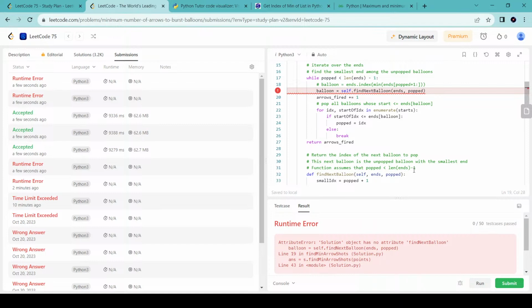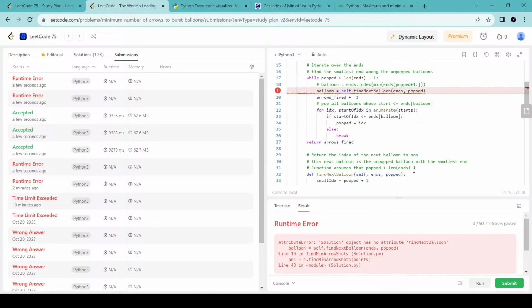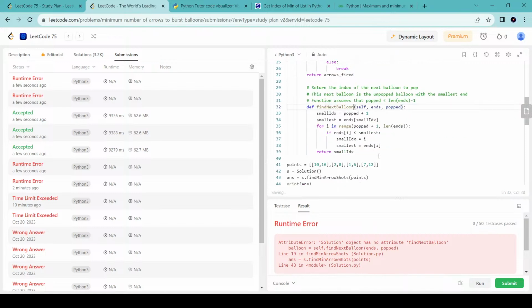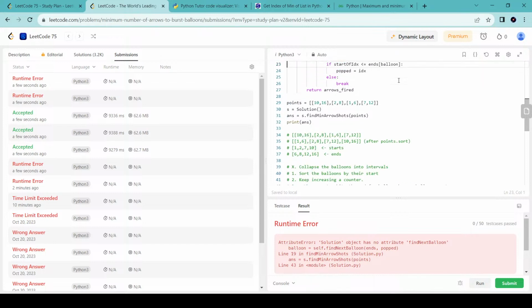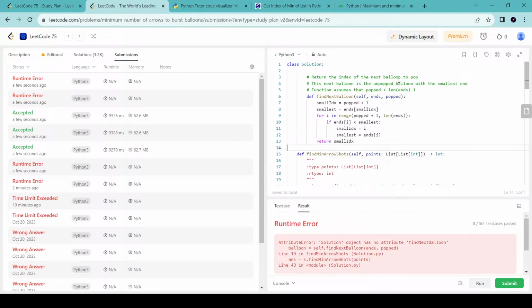Wait, I do have a... This makes no sense. Do I have to put it in front? I'm pretty sure I don't. I'm pretty sure this is not correct.